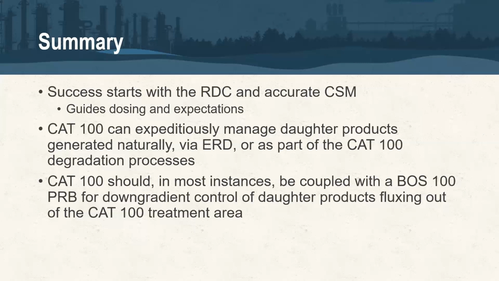But if you're doing any sort of ERD, whether it's CAT or another technology, you should really make sure that you've got something downgradient. We think the best available technology for this purpose is something like BOSS 100, using that abiotic degradation pathway to capture anything that's going to be moving out.